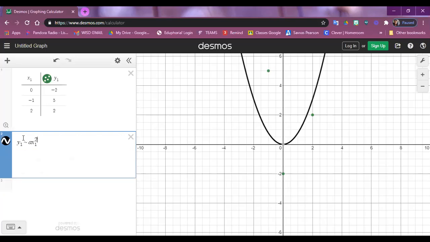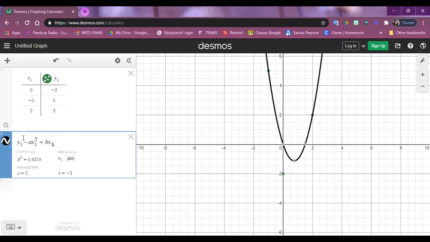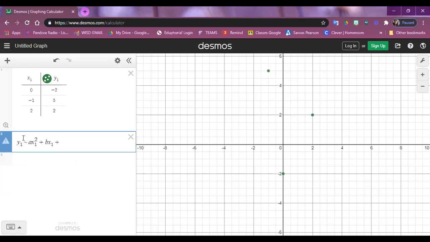So underscore to make the 1, the caret, which is on 6, to make the 2, plus bx underscore 1 plus c.